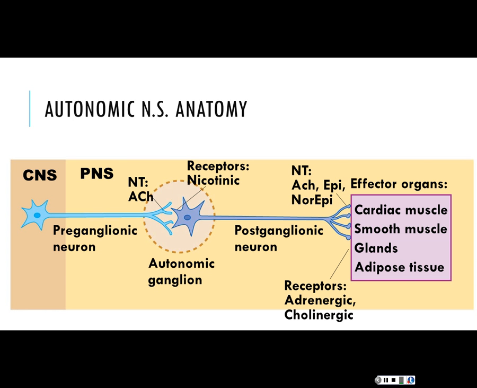And so the receptors are variable as well. If acetylcholine is released by the postganglion cell, the target better have a cholinergic receptor. If norepinephrine is released, the target cell better have some adrenergic receptor.